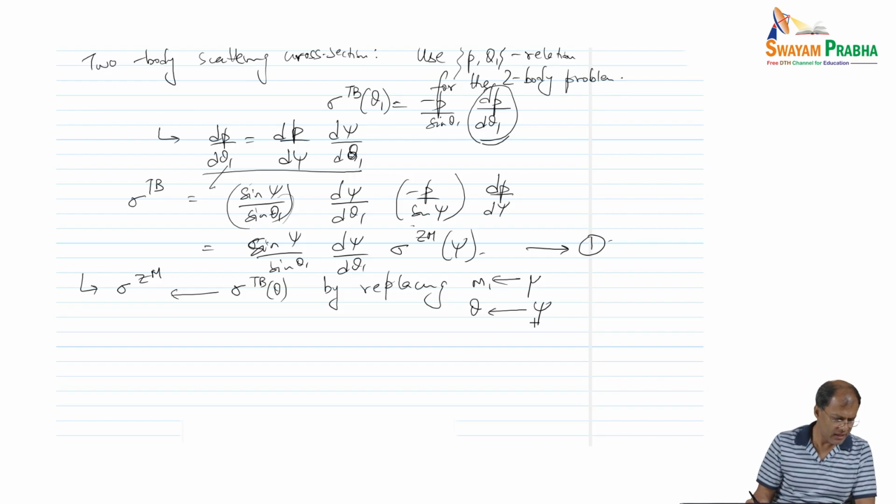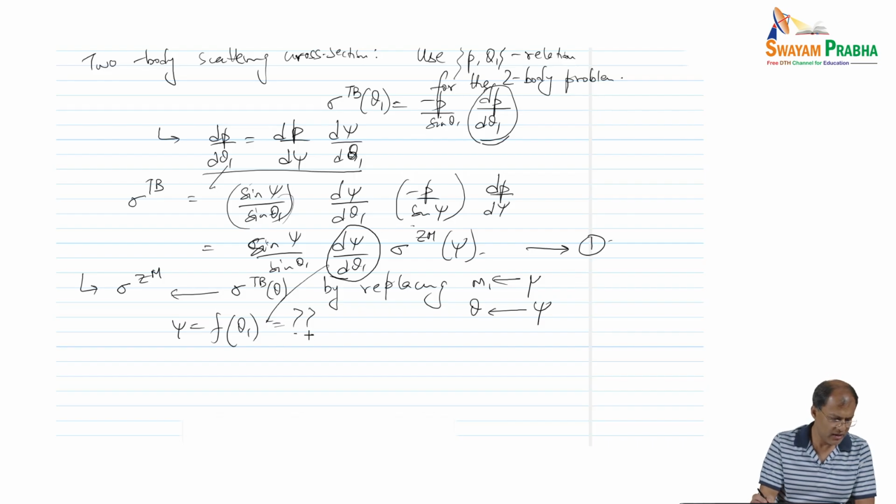All these replacements can be done, but there is one more derivative which remains, d psi d theta 1, that we need to find. So we need to find psi as a function of theta 1, right?